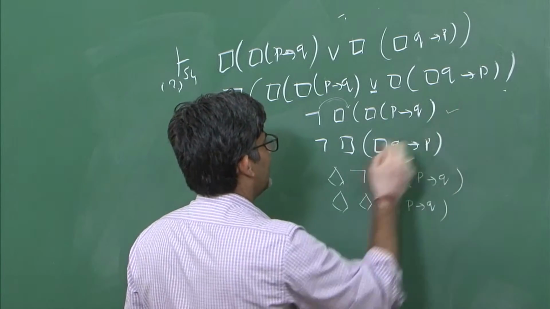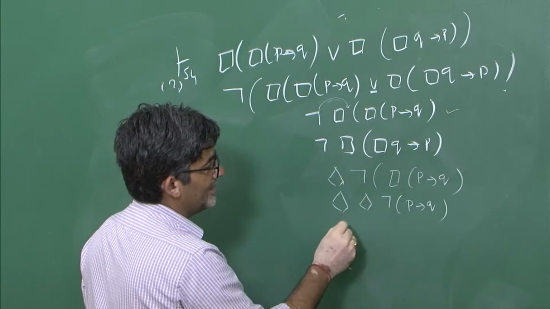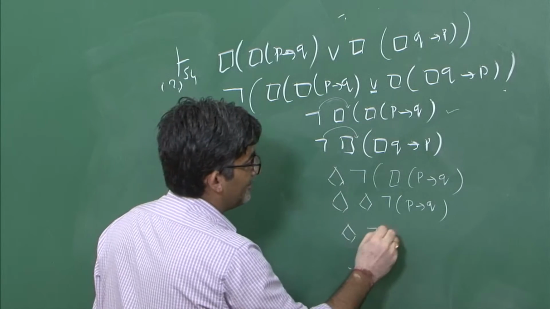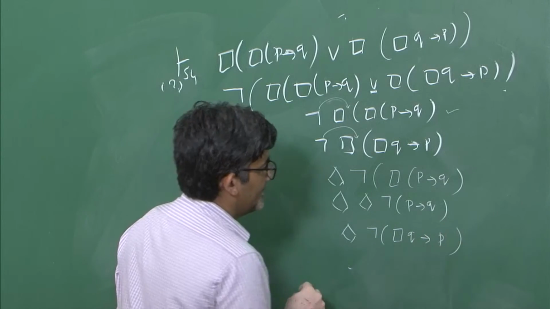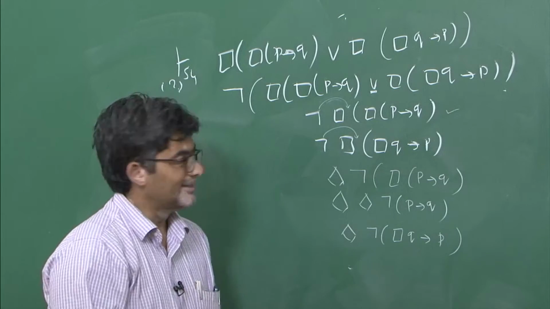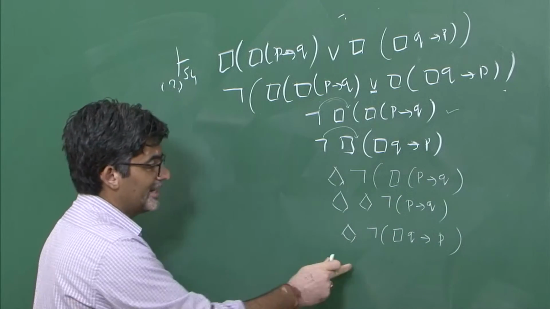So this is done. Now coming back to the second, negation of necessity is possibility, and you push this negation inside, then in the first step it will become like this. We need to ensure that we should not write P for Q, Q for P, etc. Sometimes we will confuse ourselves and write it that way. We need to check it carefully.